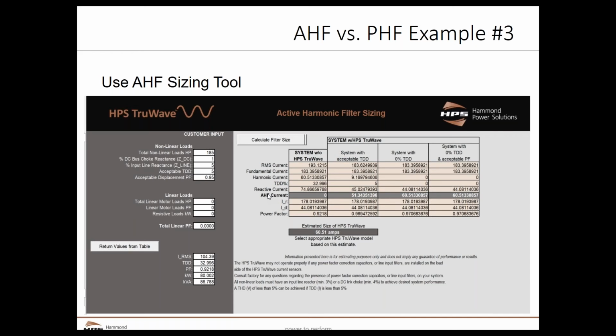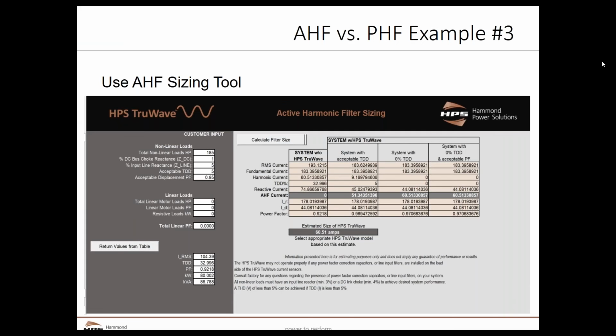And the same parameters that you're trying to achieve for the harmonics. And it says that you need about 60 amps of corrective current. So in this case, we would choose a 100 amp active harmonic filter, which is the closest size available above the 60 or 61 amps.